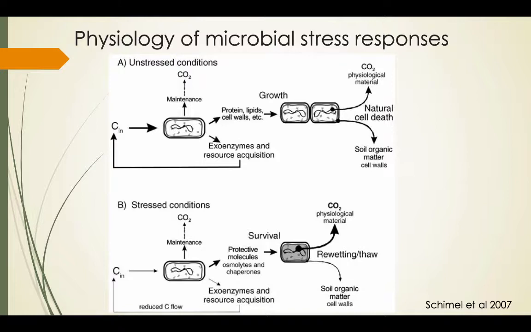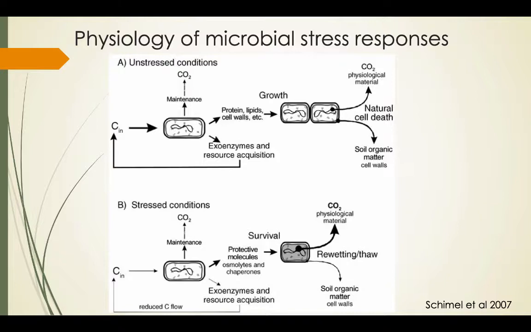And so that carbon, that energy isn't going into building new cells, it's going into protecting itself. So we see a lot more CO2 going out. The efficiency is down. We see some rewetting and thaw processes depending on the moisture regime, and less carbon being stored. And so this image demonstrates this shift in carbon use because of these physiological changes of microbes under stress.